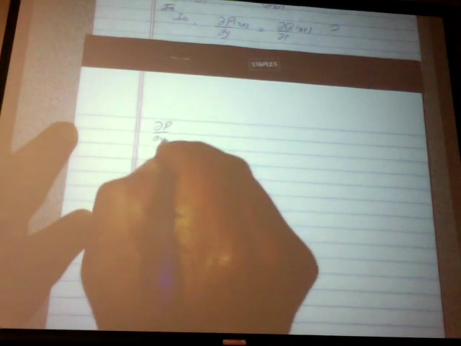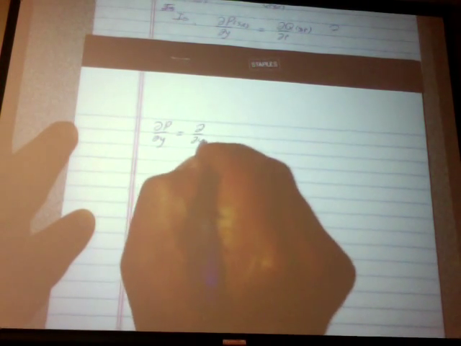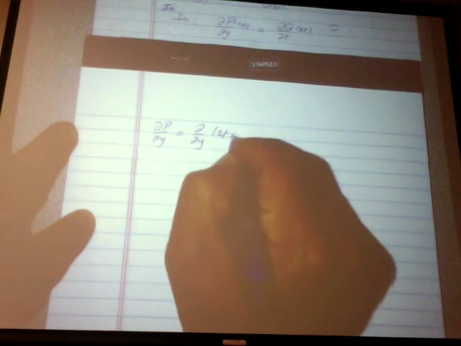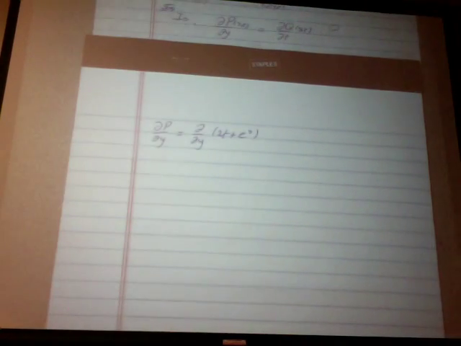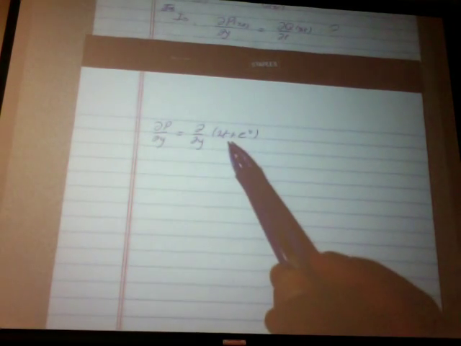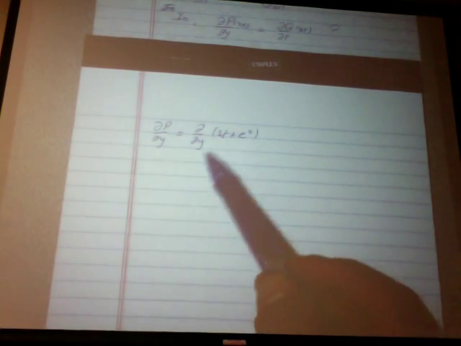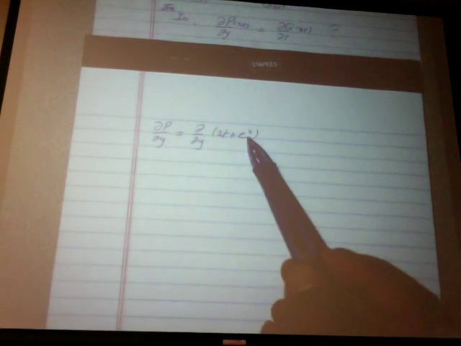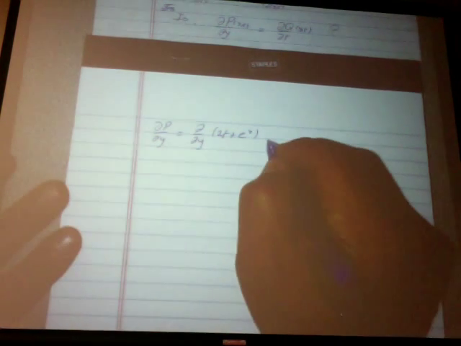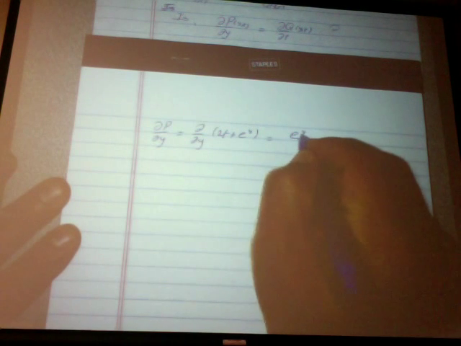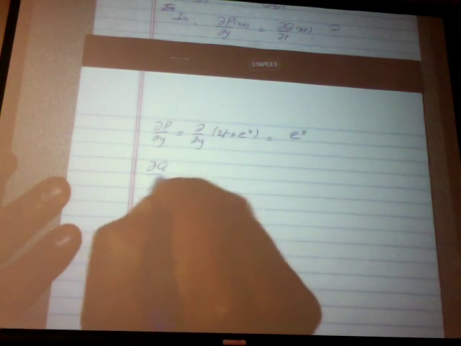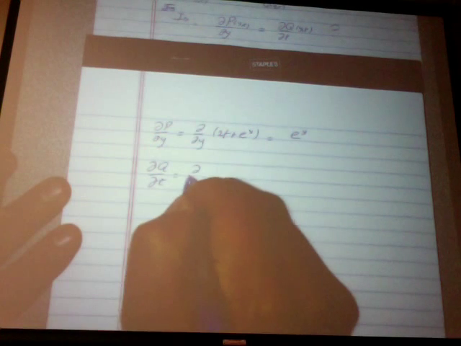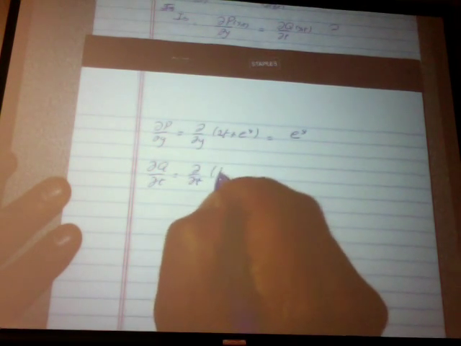dp dy would be equal to the derivative with respect to y of 2t plus e to the y. And how much is that? What is the derivative of 2t? 0, because it's a partial derivative. Derivative of e to the y? E to the y. dq dt is equal to d dt of t times e to the y.